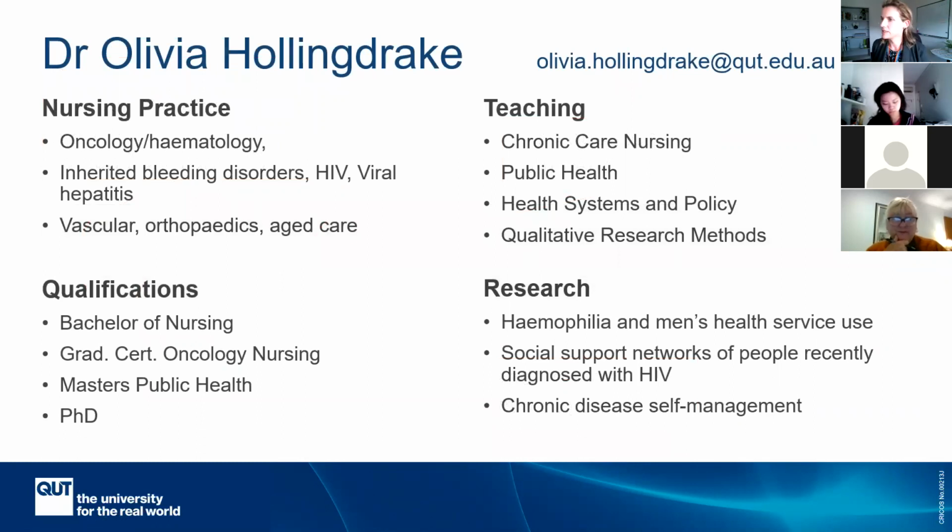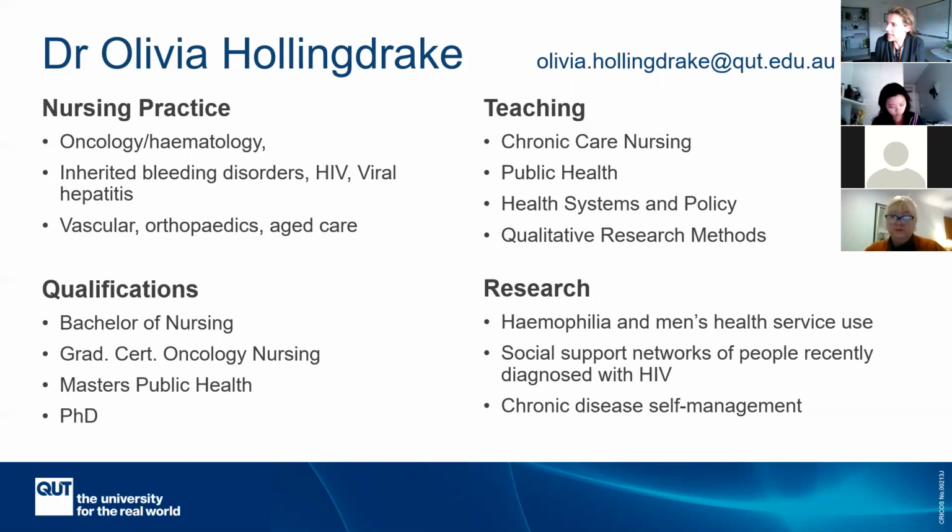this is just a little bit of a slide about me. My name's Olivia, as you know. My background is mainly in oncology, haematology, but also some other areas of nursing care. A few years ago, I did a master's in public health, and just recently completed a PhD in public health.